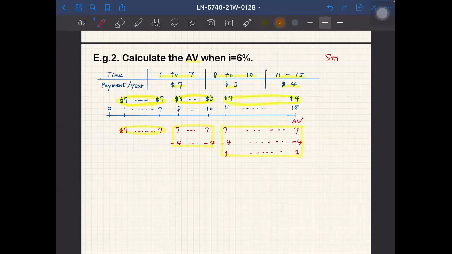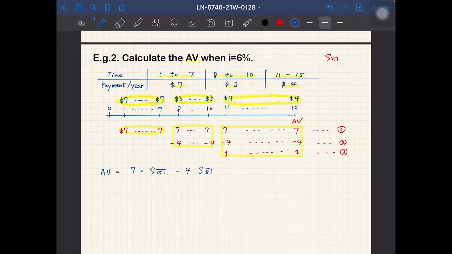So this part matches this block. So now accumulated value is the summation of this first one and the second one and the third one. So what is the AV? AV is by definition the accumulated value of an annuity immediate. So this is at first 7 times s angle 15 at 6%. Then negative 4 times s angle 8. Why 8?